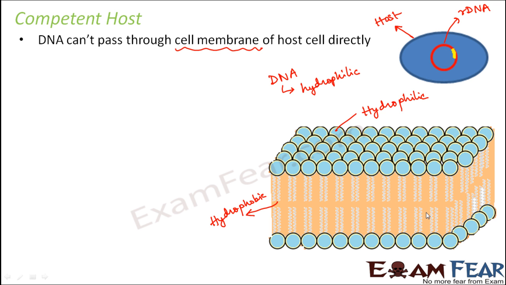So it cannot directly pass through the cell membrane. Now the question is, if it cannot pass through the cell membrane, then how do we introduce the DNA inside the host cell? Because it needs to enter the host cell, but it cannot enter on its own. So how do we make it enter the host cell?